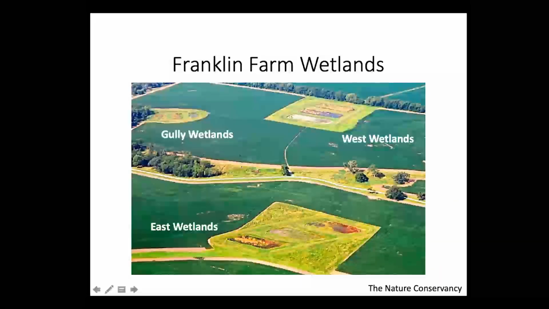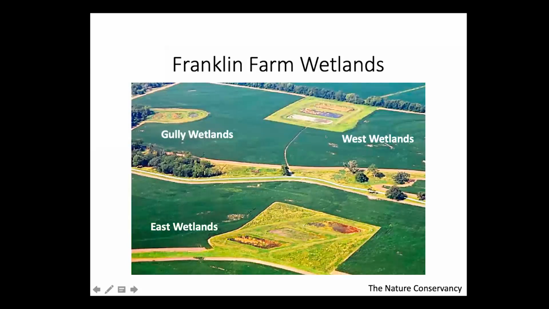So Krista already showed a picture of where the wetlands are. I was only able to actually collect snails from the full series for the Gully series and the West series. Those are 2 of the 3 series that are present on Franklin Farm, the farm that Krista introduced in her talk. And both of these series provide gradients in nutrient levels.